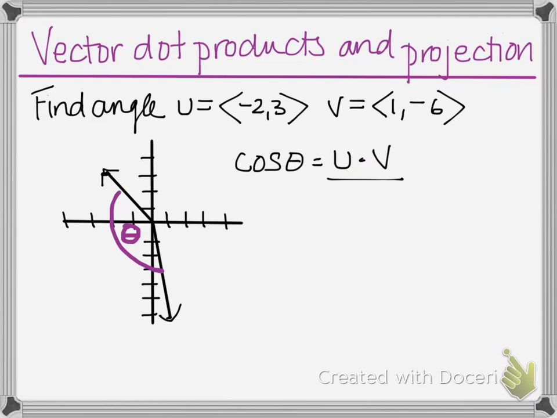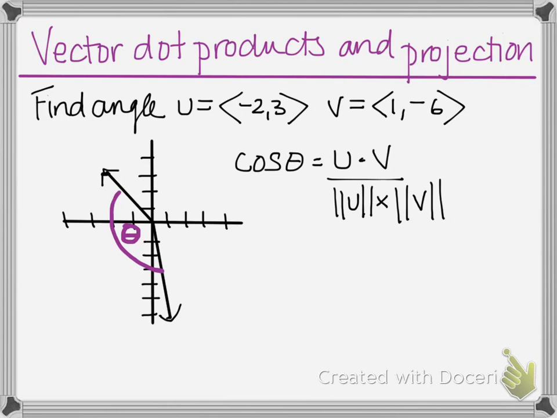So cosine theta is equal to u dot v over the magnitude of u times, not dot now, that's multiplication, the magnitude of v. And then it's simply plugging in some values here.